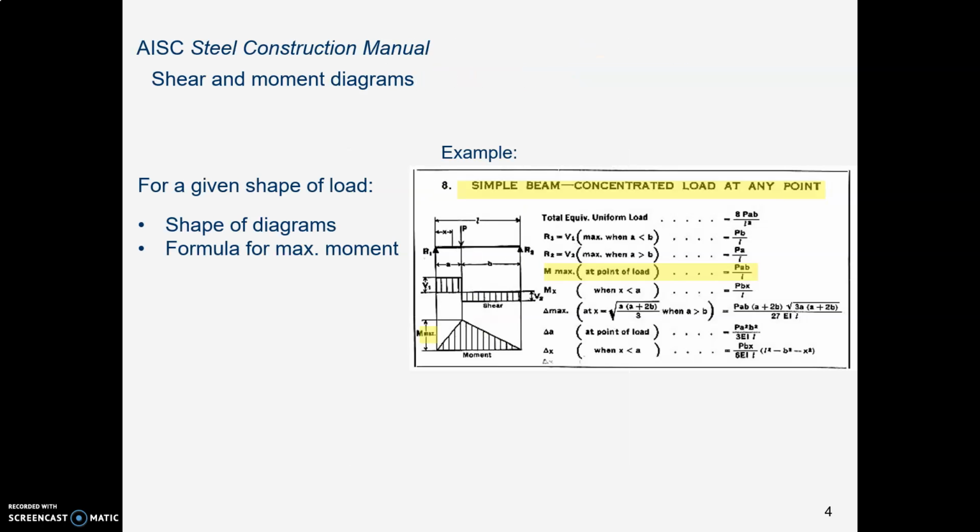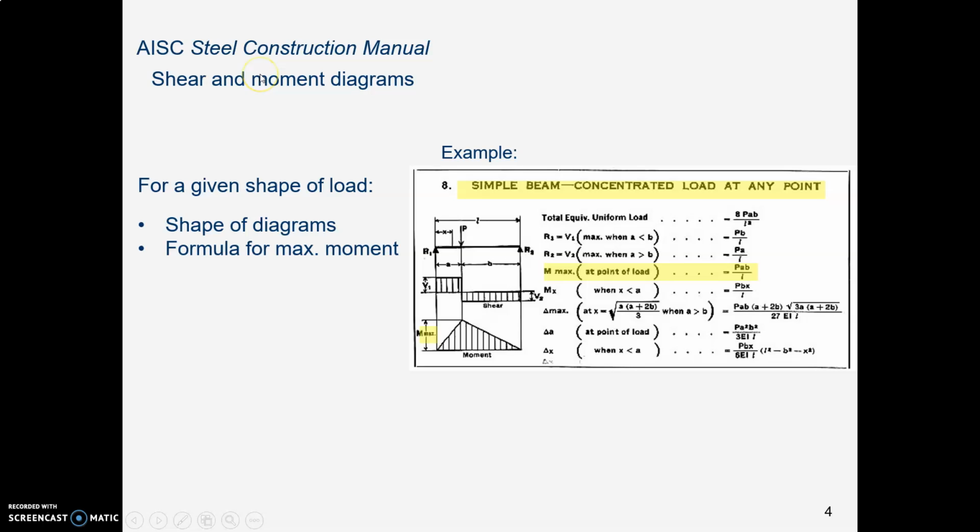Well, we can put a load on a beam in all different ways and locations, and I've given you a useful handout from AISC, the American Institute of Steel Construction.